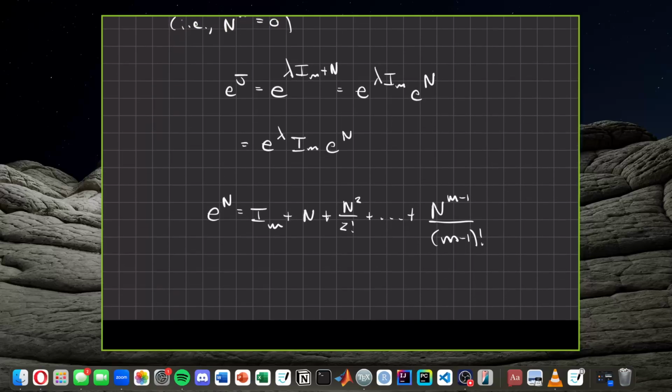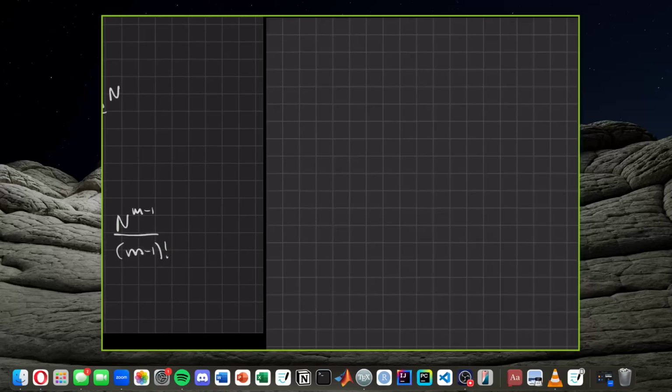So the determinant of e to the n is just 1, because the determinant of an upper triangular matrix is the product of all its diagonal elements. Since its diagonal entries are all equal to 1, the determinant is thus equal to 1.